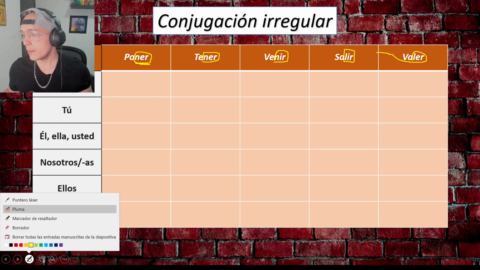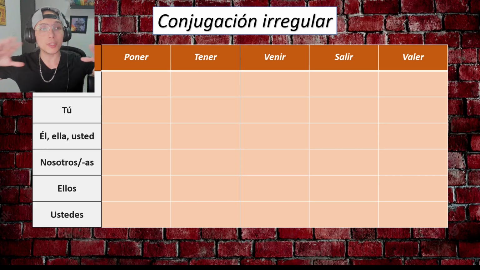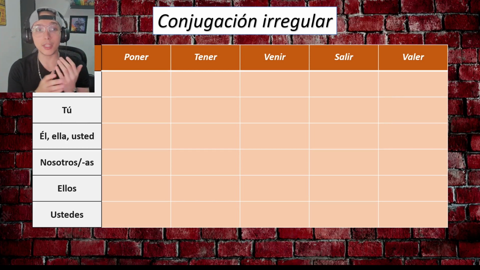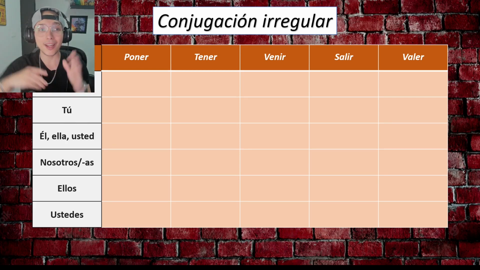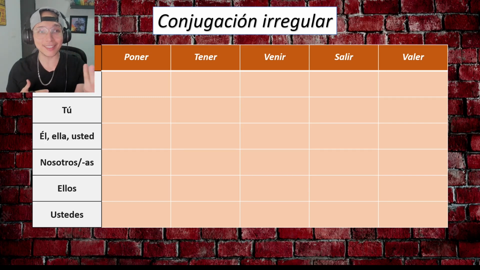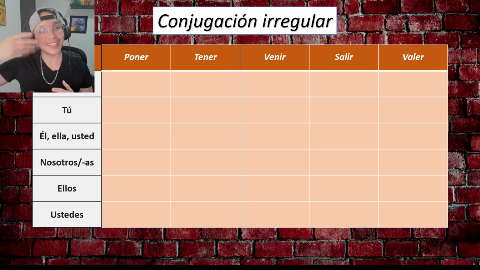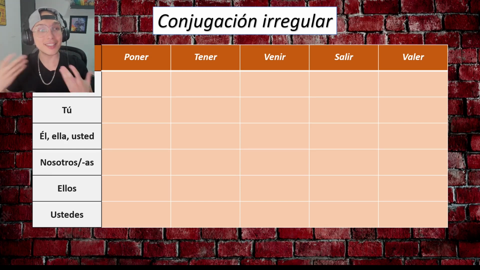Now, let's conjugate these verbs as we did in the previous video, okay? We said that we keep the complete verb and we add the E at the end, right? So let's imagine they are regular. We would say poner, poneré, tener, teneré, venir, veniré, salir, saliré, valer, valeré, right?